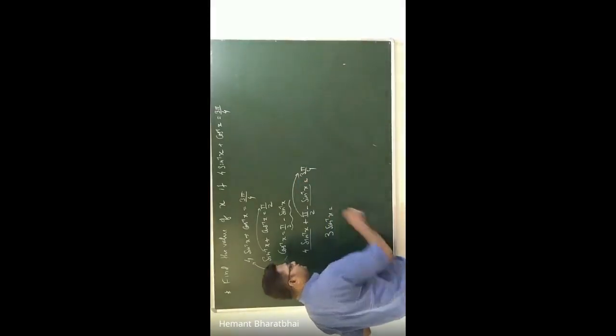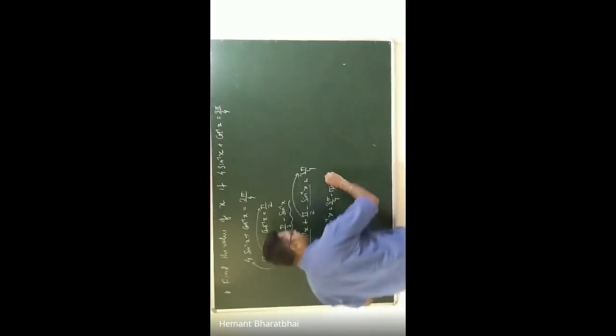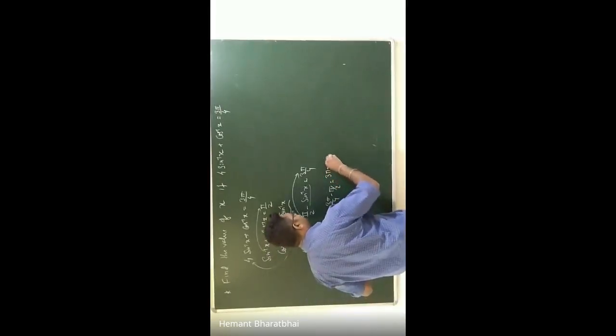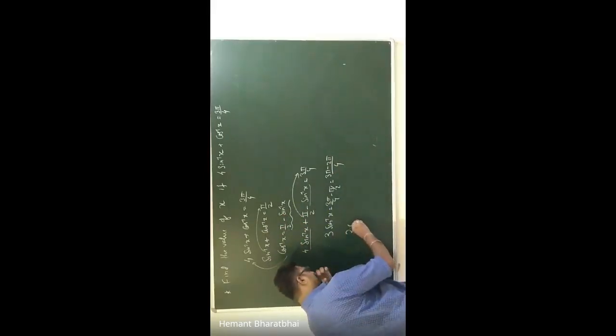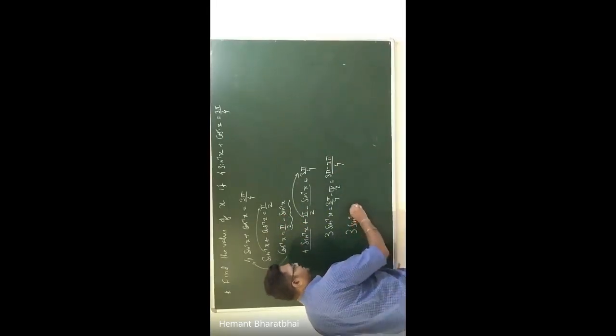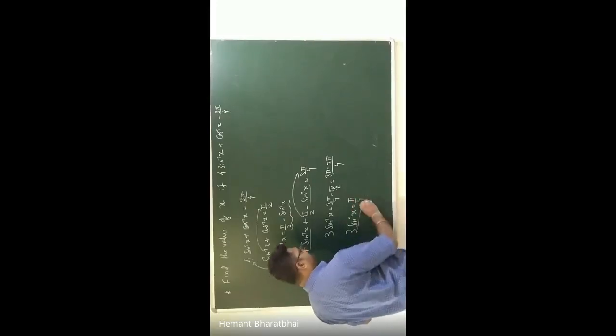This will go over there. So 3 pi by 4 minus pi by 2. So that will become 3 pi minus 2 pi upon 4. So I'll get 3 sine inverse of x is equal to 5 by 4. So this will go over there.